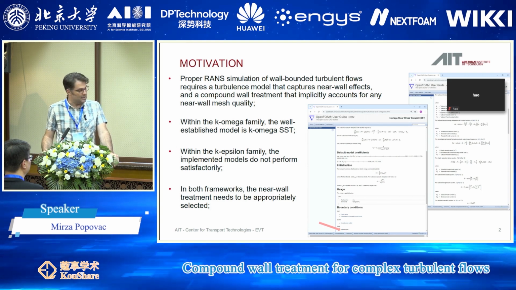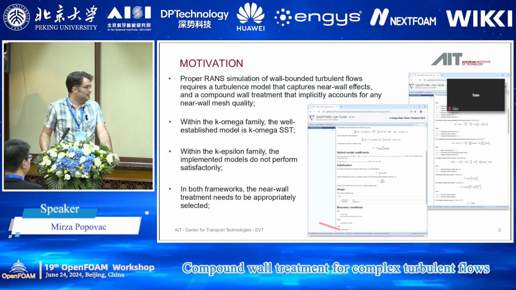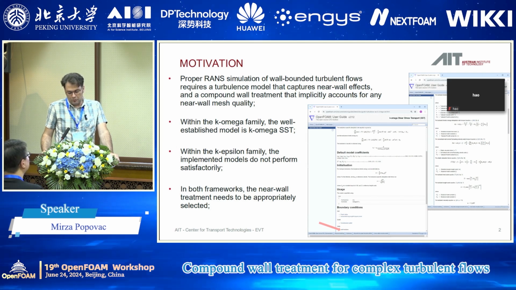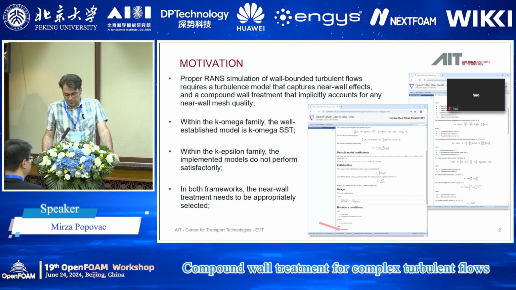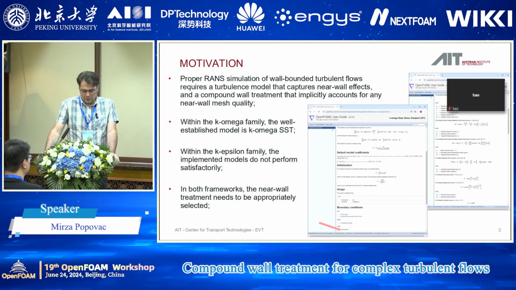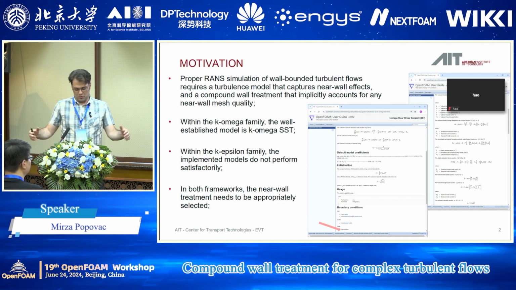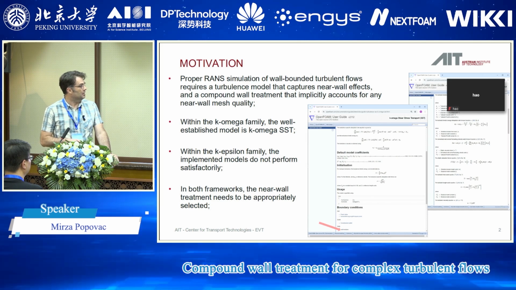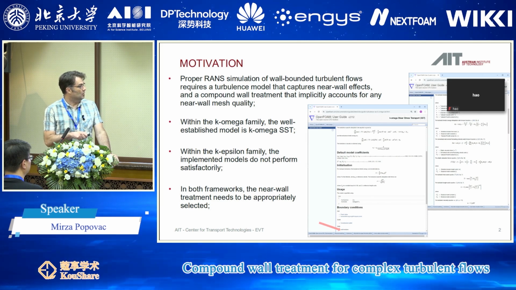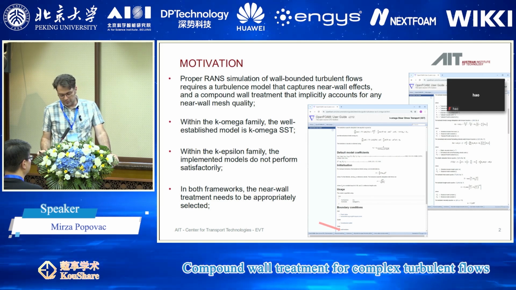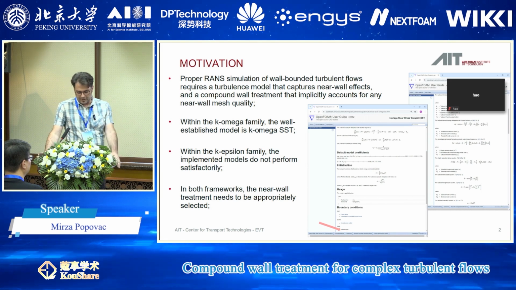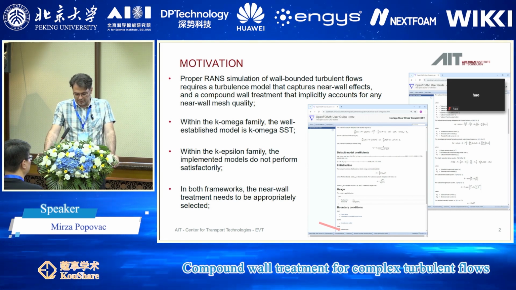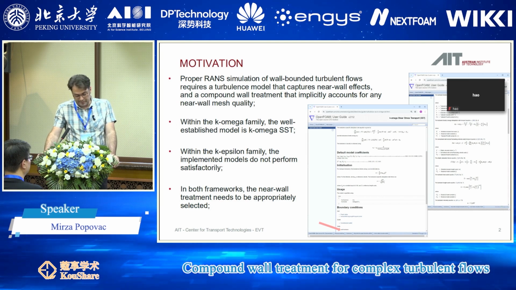So in the k-epsilon family of models, what is available in OpenFOAM does not perform really satisfactorily. So therefore I had to go with my own. I will say a few words about the model, k-epsilon-phi-t-f, whatever, but I'm using something slightly different and performing better.